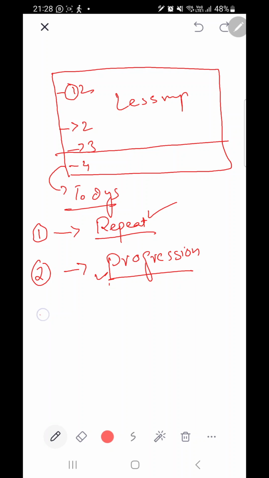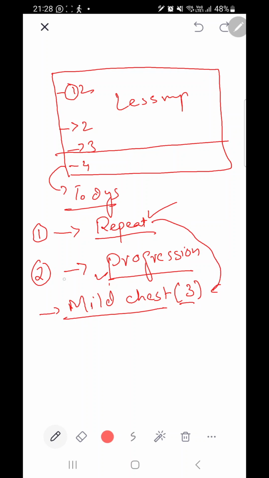Repetition means, let's say, the case I will discuss with you is mild chest pain, and the patient visited you thrice with mild chest pain on three different occasions with different dates. That is your repetition of events. And if there is a worsening of the condition, then it is the progression of the same condition.